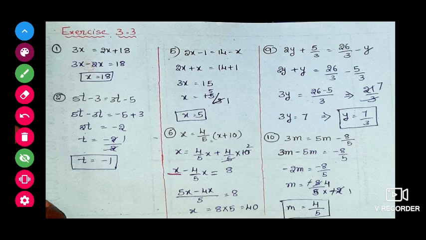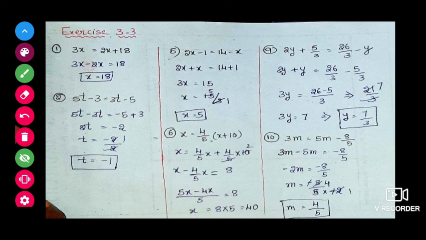So what we will do? We will just cross multiply. That is 5x minus 4x by 5 is equal to 8. Now here division by 5, if it goes that side, becomes multiplication by 5. So in the numerator 5x minus 4x we will get x, and this 5 if it goes that side, 8 into 5. So x is equal to 40 is the final answer.